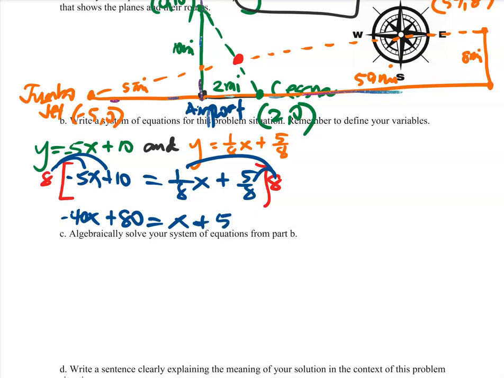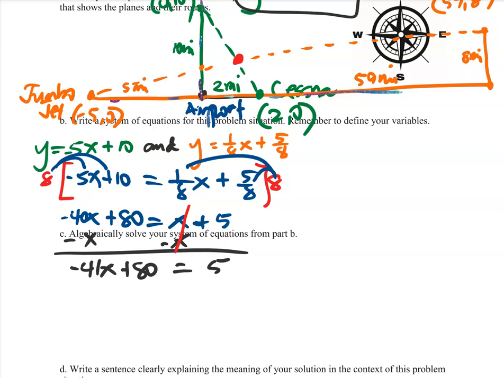And now it's easier to solve for x. If we subtract x from both sides, this is negative 41x plus 80 is equal to 5, since x plus negative x is 0.